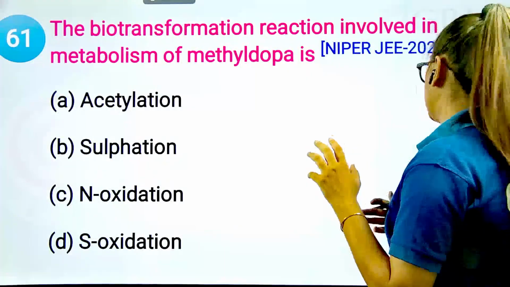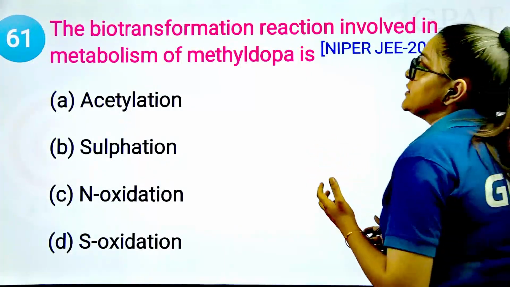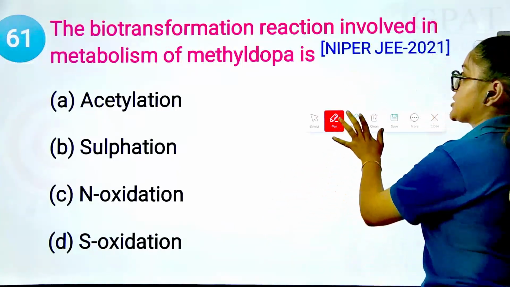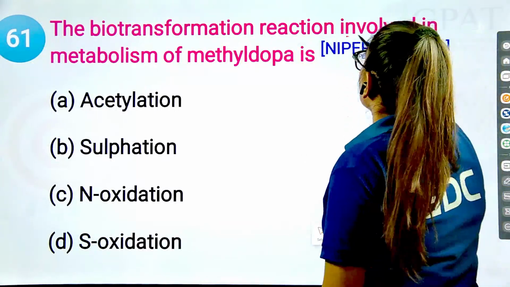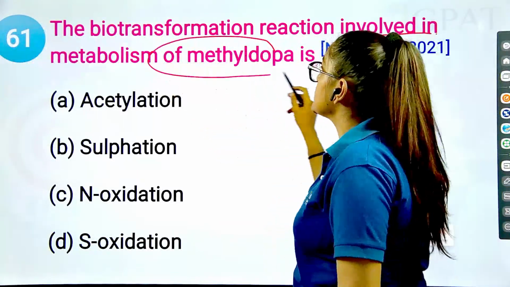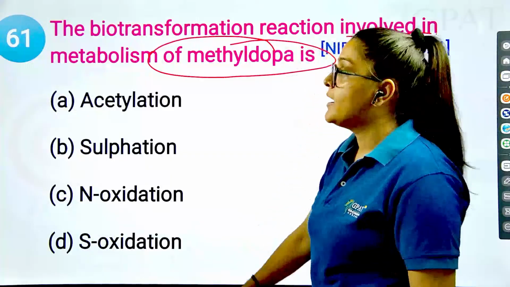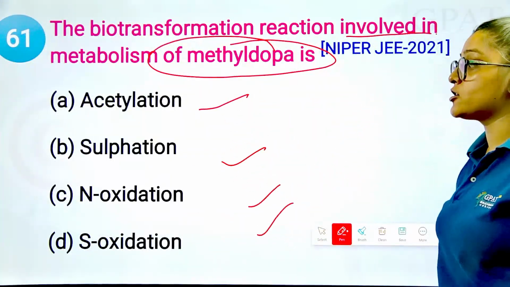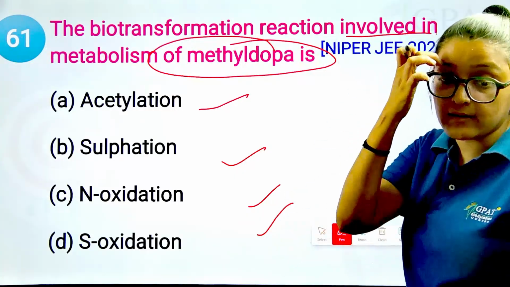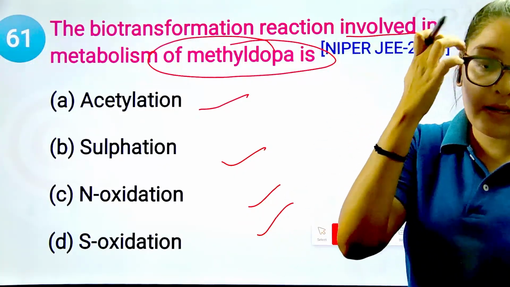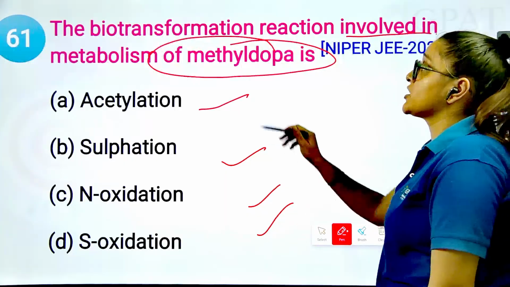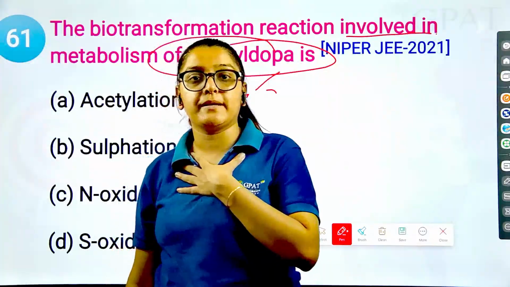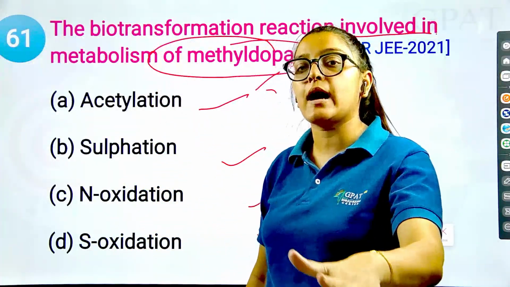I need your attention to the next question. The question says the biotransformation reaction that is involved in the metabolism of methyl dopa is: acetylation, sulfation, oxidation, N-oxidation or S-oxidation. You all have seen the structure of methyl dopa. I am not a medicinal chemistry expert, you all are, right?